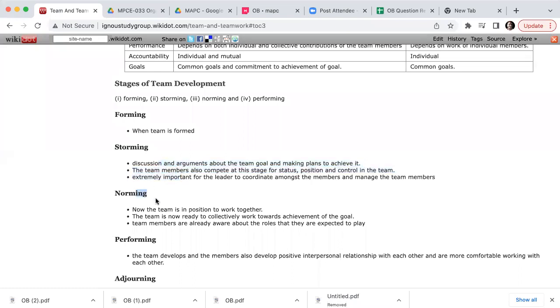Next is norming. Now, based on the name itself you can judge what norming is. We talked about norm as a term, right? It is used in multiple places. A norm is that inbuilt concept in the mind, as a culture or whatever it is, the normal thing which is guiding people.